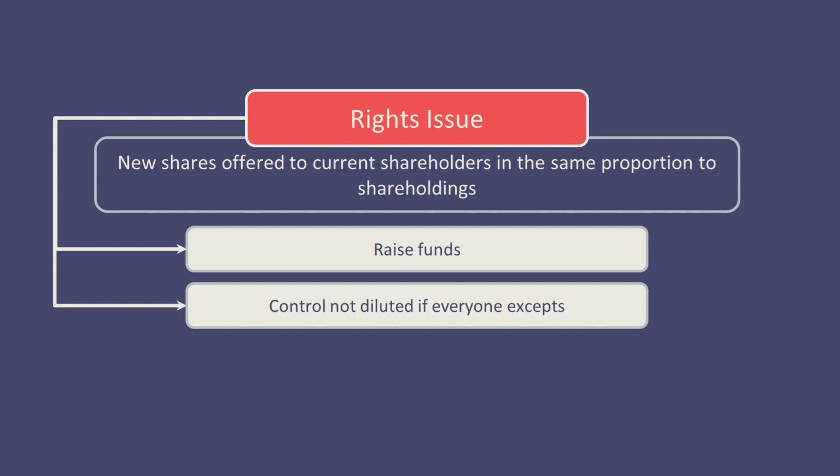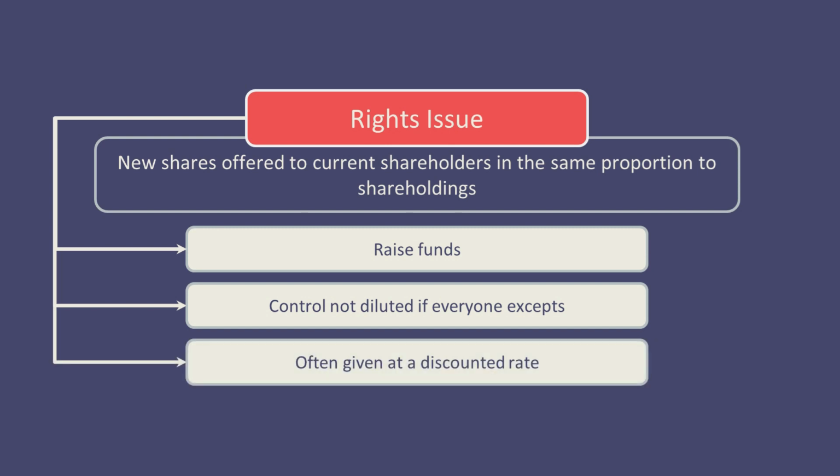The company may have a rights issue when statutory pre-emption rights have been rejected. Often shares are given at a discounted rate to the market value, however, not the nominal value. If shareholders who receive the rights issue don't want to purchase more shares, they can sell their rights to shares to another party.